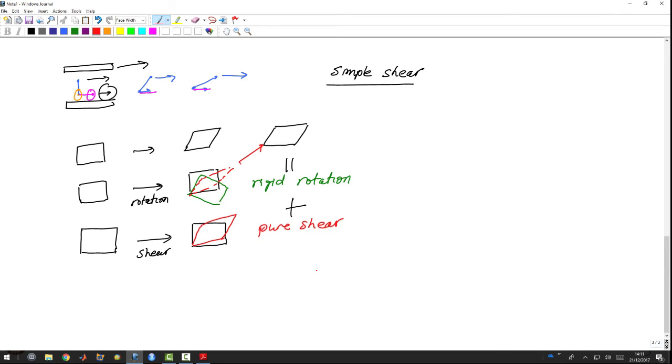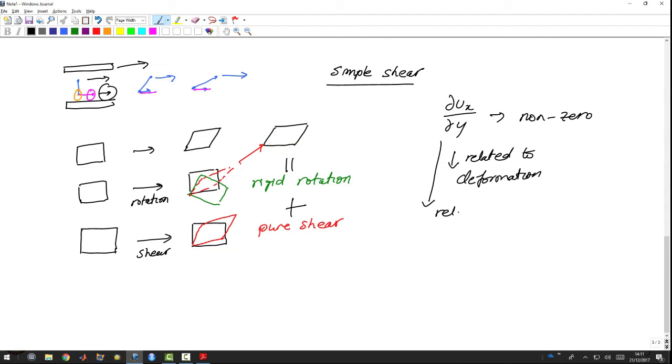So therefore, in general, you can see that in all these cases, velocity between two neighboring points is what we are looking at. So in this case, when del Vx by del y is non-zero, this means this is related to deformation, and this is also related to local rotation.